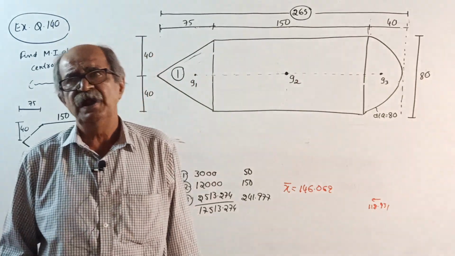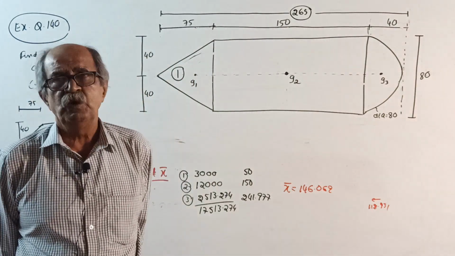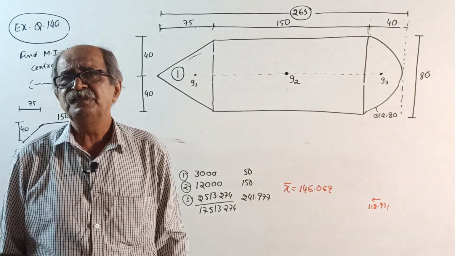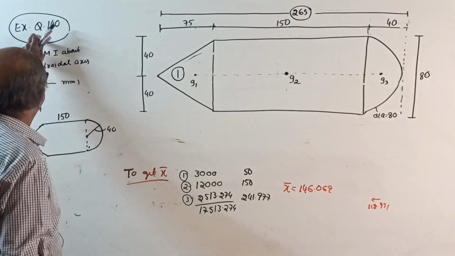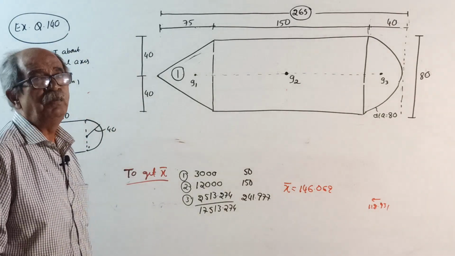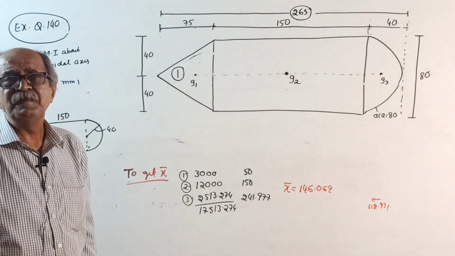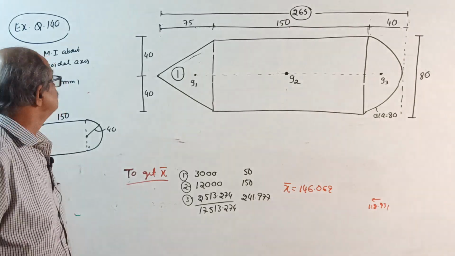Today's last question. I told per day only 2 examples, with not more than 30 minutes. Exercise question 140. See, I do not want to break the sequence. Daily I am uploading class. I don't want to break it.